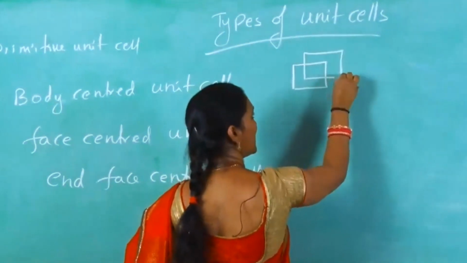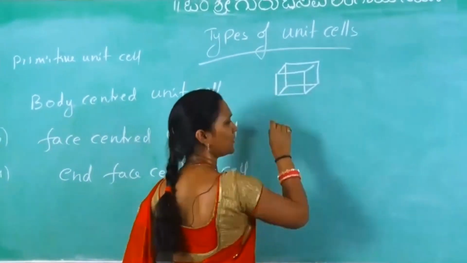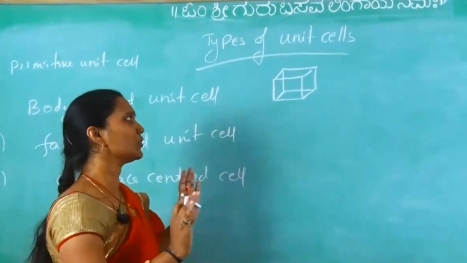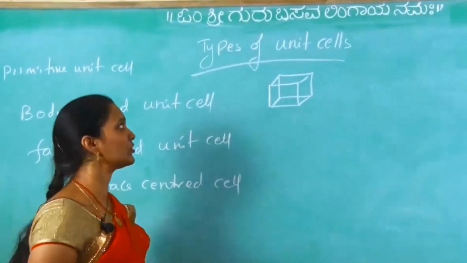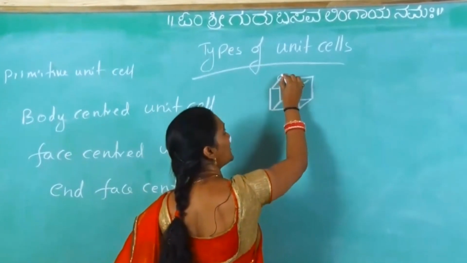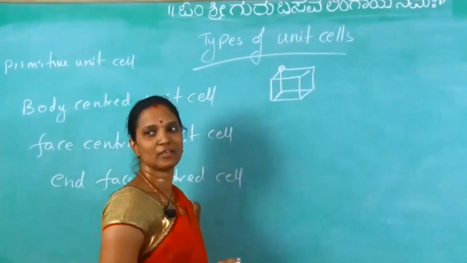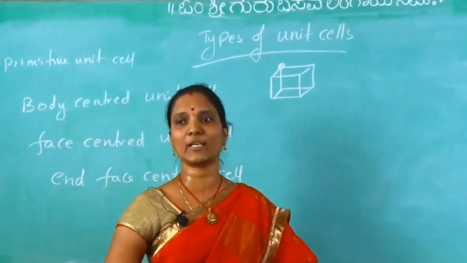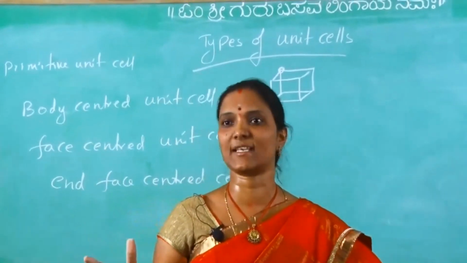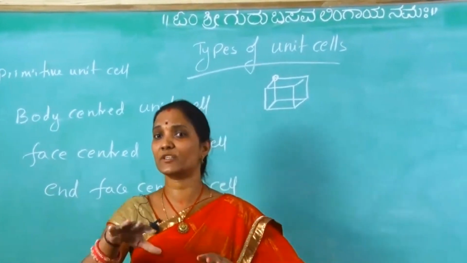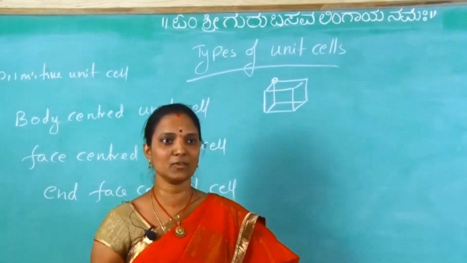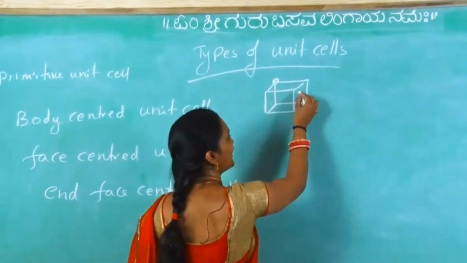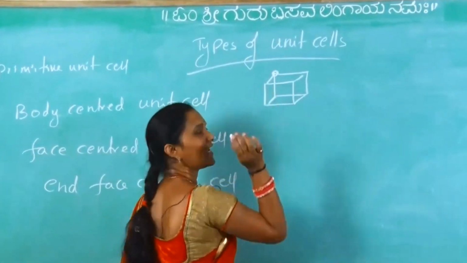If possible, if you have already taken a printout, then you can keep that table to one side and observe. First is the primitive unit cell. So here, this is the cube. In 6th standard we only learned the cube that has 8 corners, 6 faces, 12 edges and 1 body center. Learn now: 1, 2, 3, 4, 5, 6, 7, 8 corners.